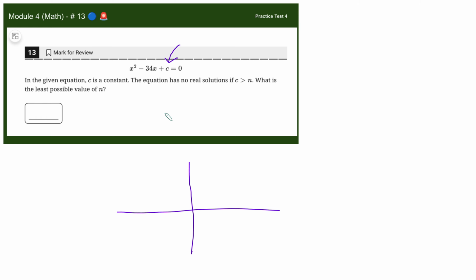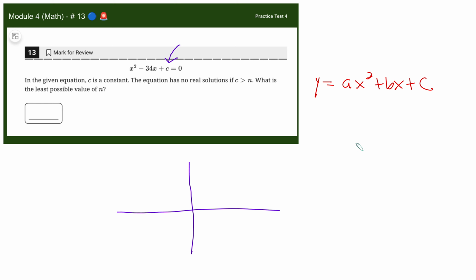what you could do is recognize a couple things. If you understand how the discriminant of a quadratic equation works, you know that the original form is y equals ax squared plus bx plus c.